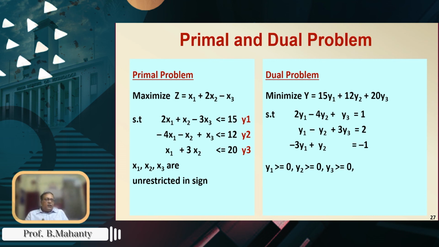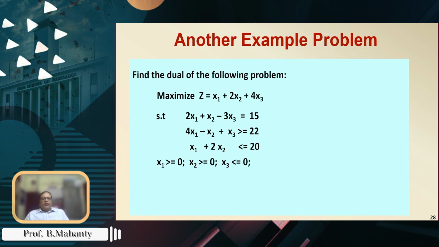Every constraint where the standard form is deviated, the corresponding variable type would be of that deviation. And the same thing applies to the primal variable types and the dual constraints. So if you remember this, then you can make any formulation without any difficulty.